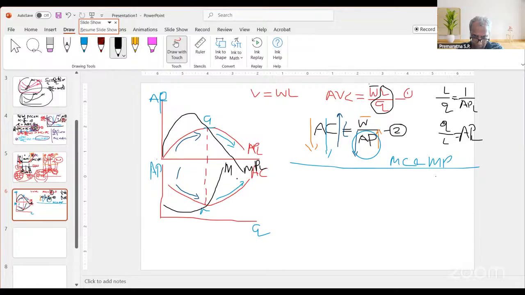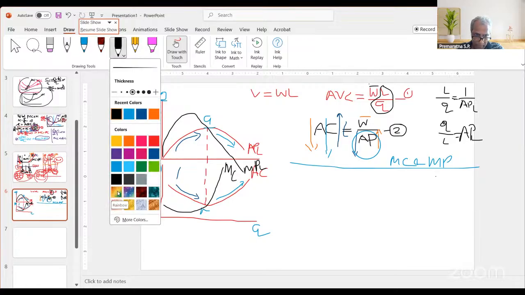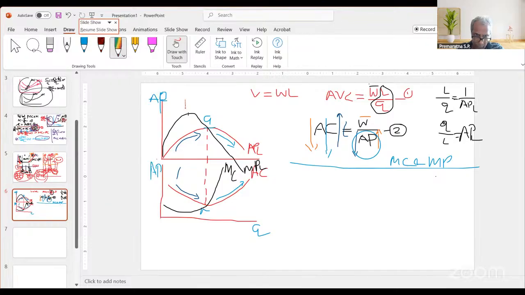So when you reach point B, the maximum marginal product, there is the minimum marginal cost at point B. So you can see again the reflection.